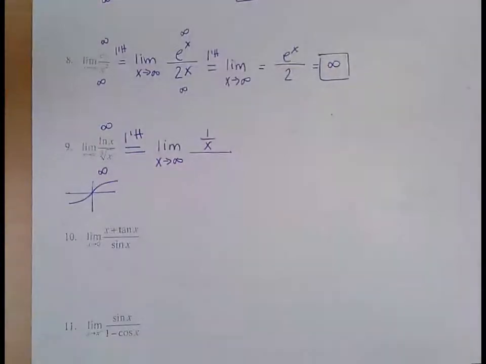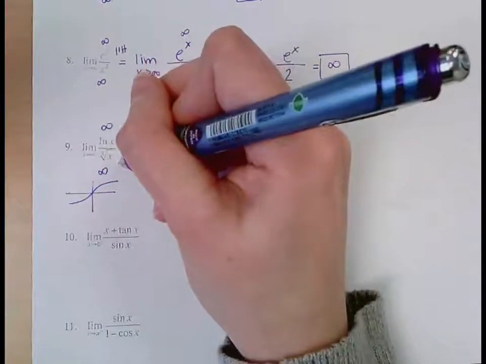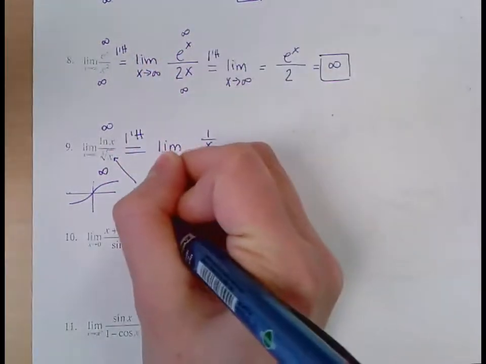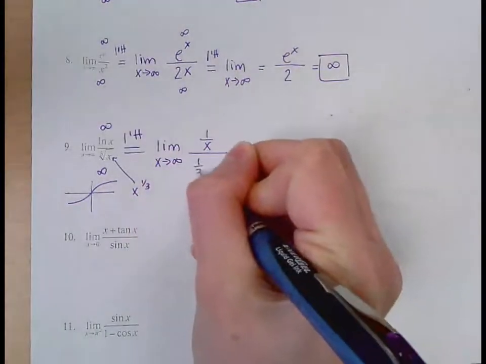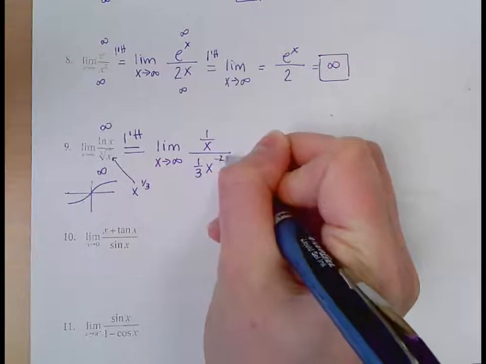And then the derivative of the cube root of x. Cube root of x is x to the 1/3. So derivative is 1/3 x to the negative 2/3.